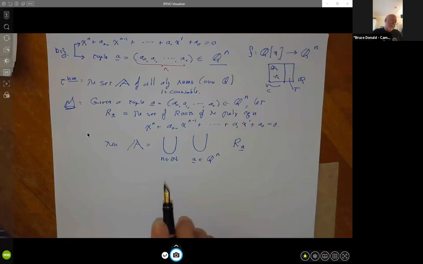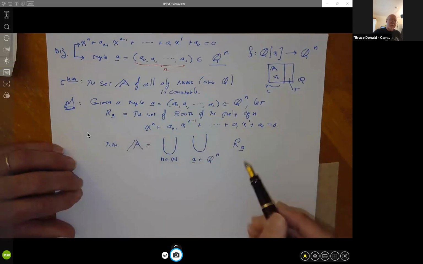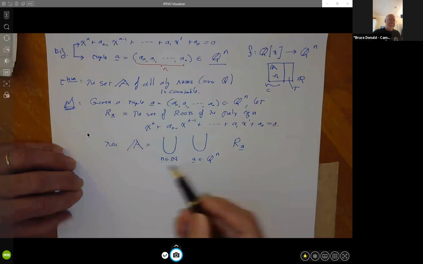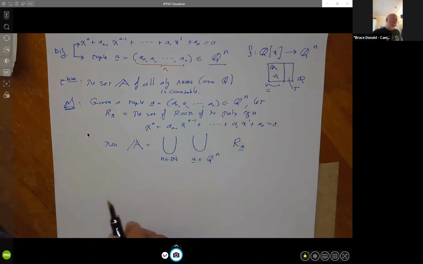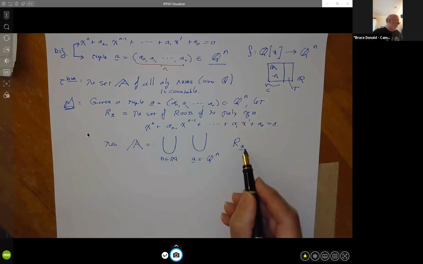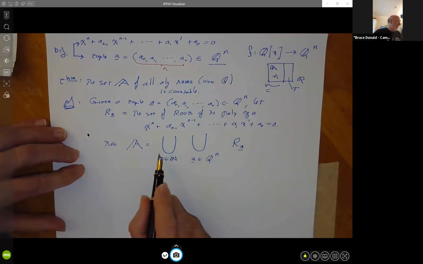So look what I need to do here. Given a dimension n, I then take the union over all possible vectors of rational numbers of length n. Each of those defines a polynomial like this. I take its roots, R sub a, I union those up, and I do that for all different dimensions. So the key point here is that every R sub a is finite because every polynomial has a finite number of roots. This is a countable union, this is a countable union.